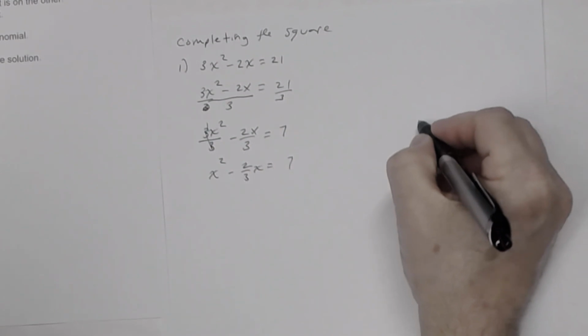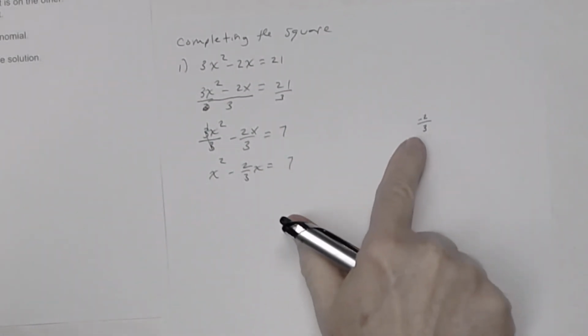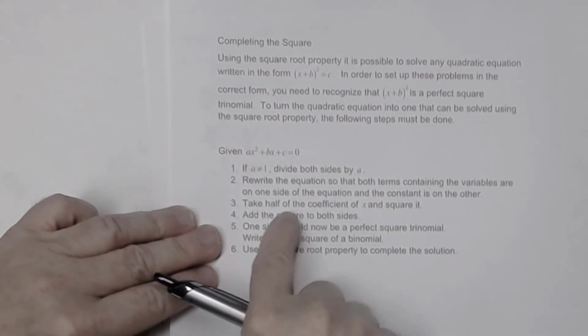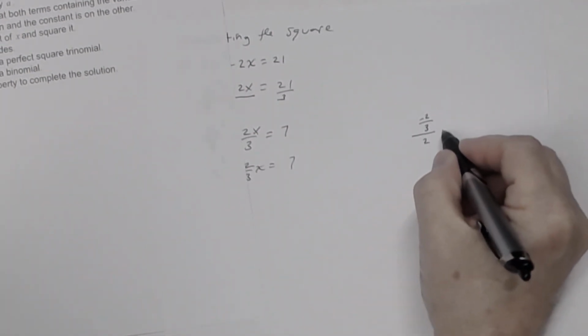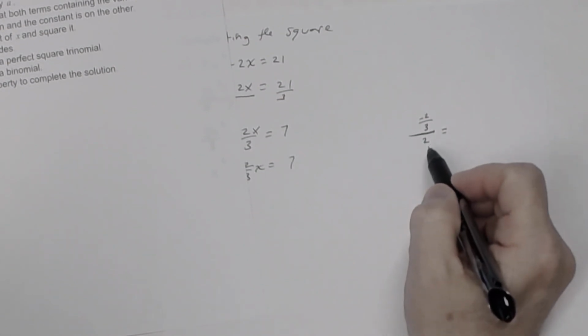So let's go off to the side and do that step. I'm taking the coefficient of x, which is negative 2/3, and I'm going to take half of that. Remember, taking half and dividing by 2 mean the same thing, so you're going to change this division to multiplication.